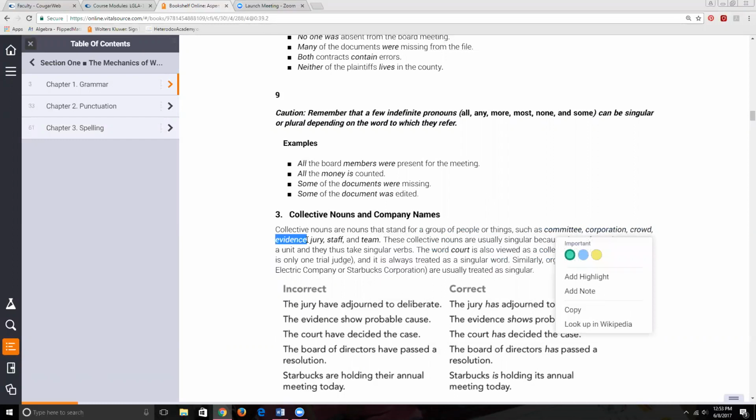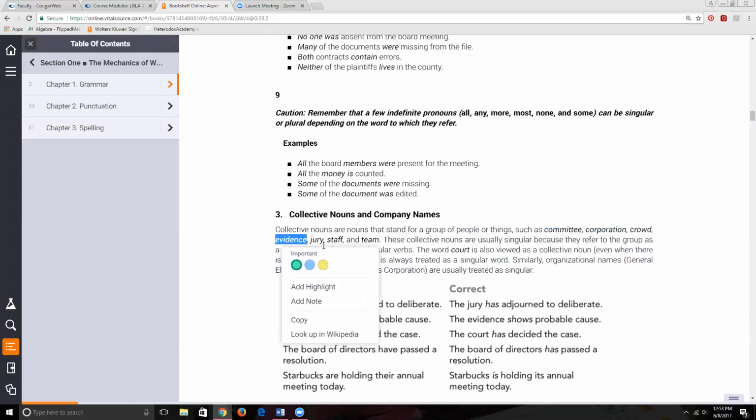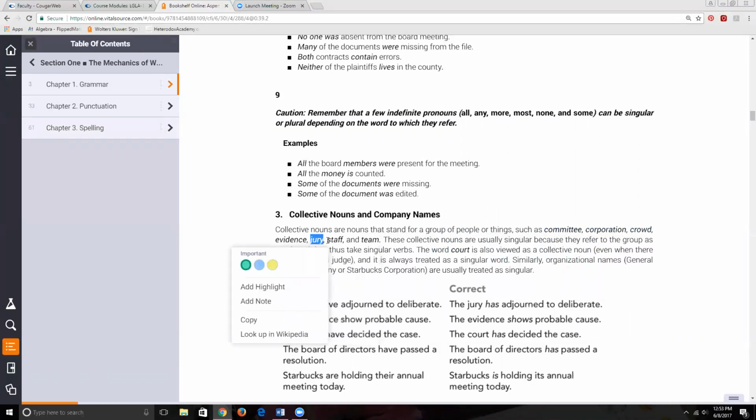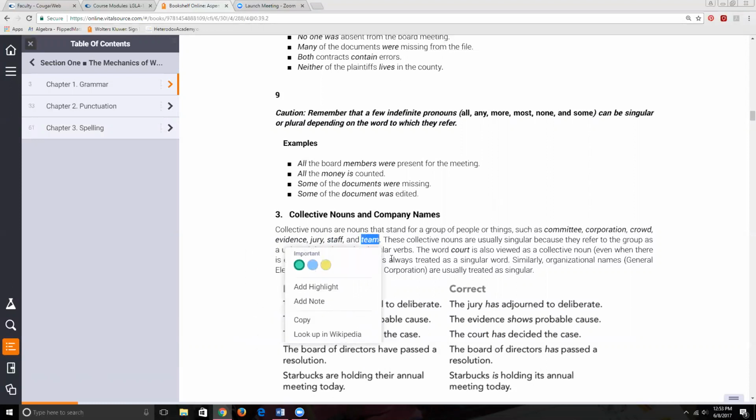Evidence would be a group of data or a group of facts. A jury is a group of jurors. A staff is a group of employees. A team is a group of people, maybe players on a team. Maybe it's used metaphorically to not literally be a team, but maybe a work group or something like that.